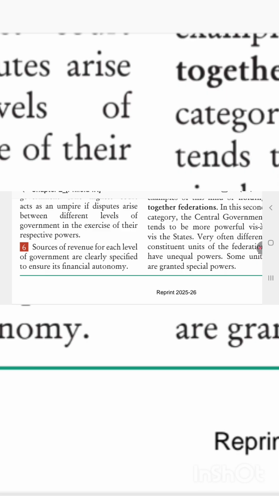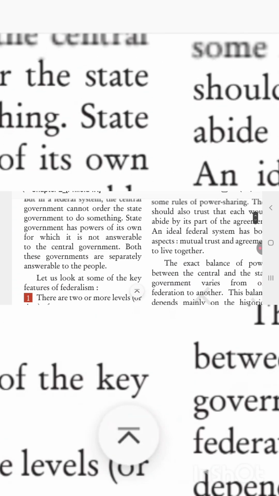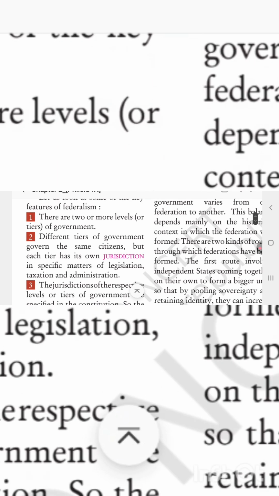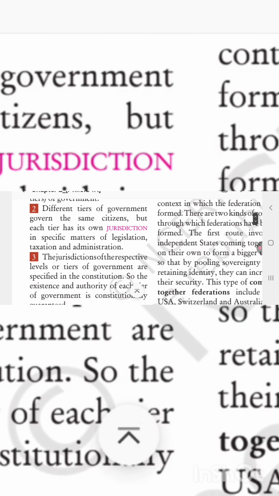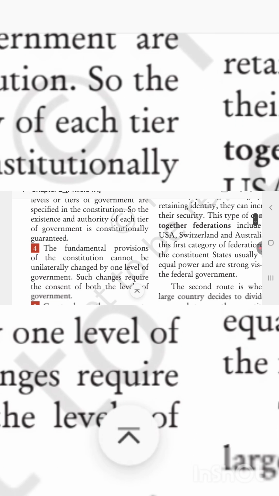Now let's sum up the features of federalism. First, it is two or more levels of government. Second, no government will go beyond their jurisdiction. Third, the jurisdiction of each and every government is specified in the constitution. Fourth, the fundamental provision of the constitution cannot be changed unilaterally.